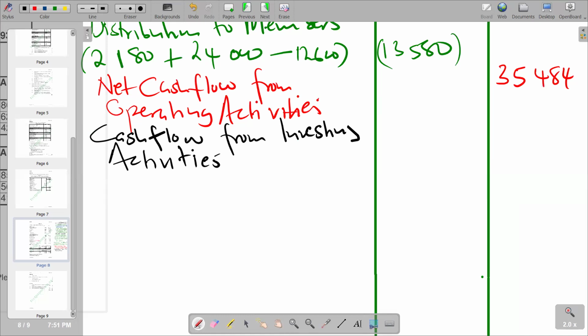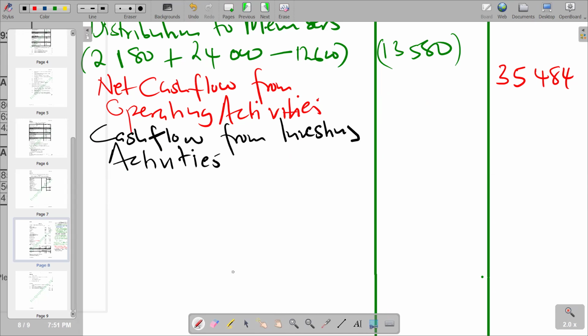Remember we're looking for proceeds from sale of non-current assets, and then purchase of non-current assets, they're part of investing activities. Maturity of investments are also part of our investing activities. So those are the items that we are going to look for.